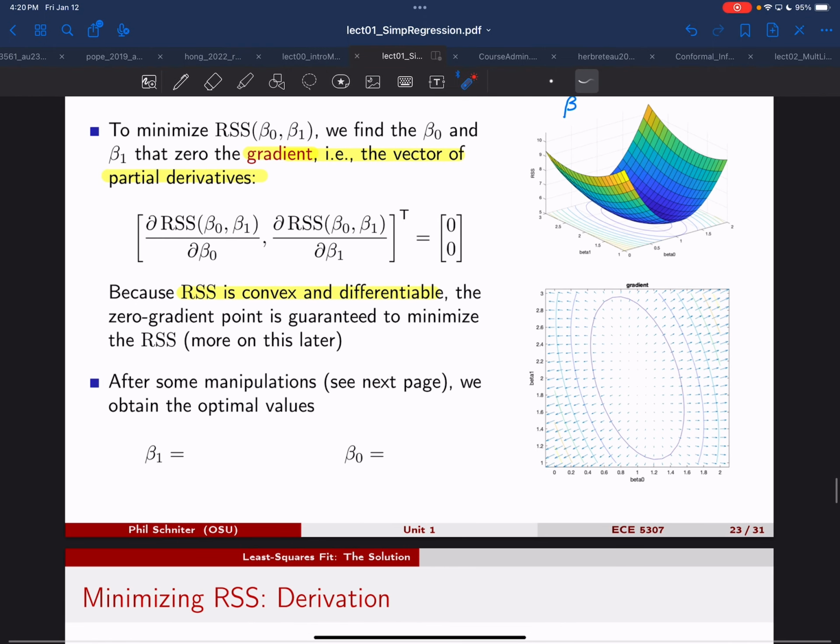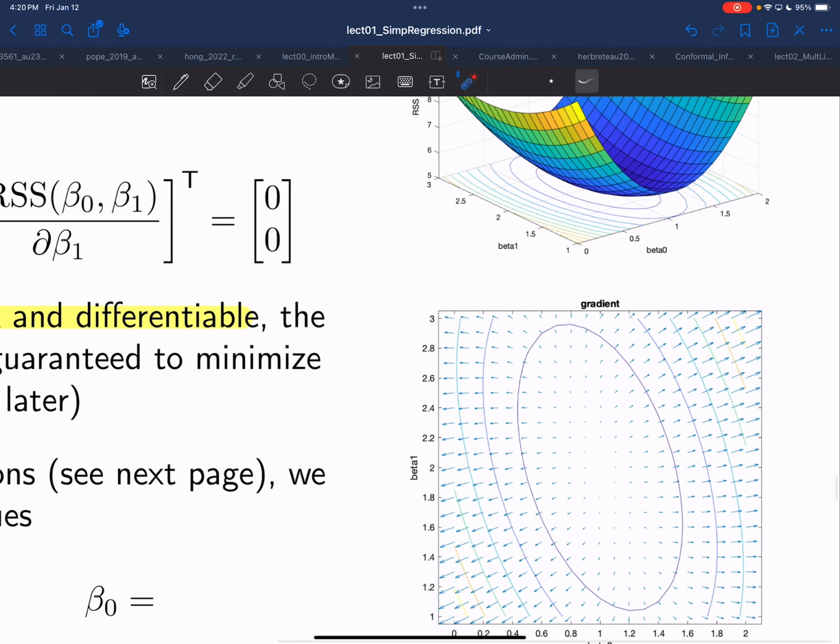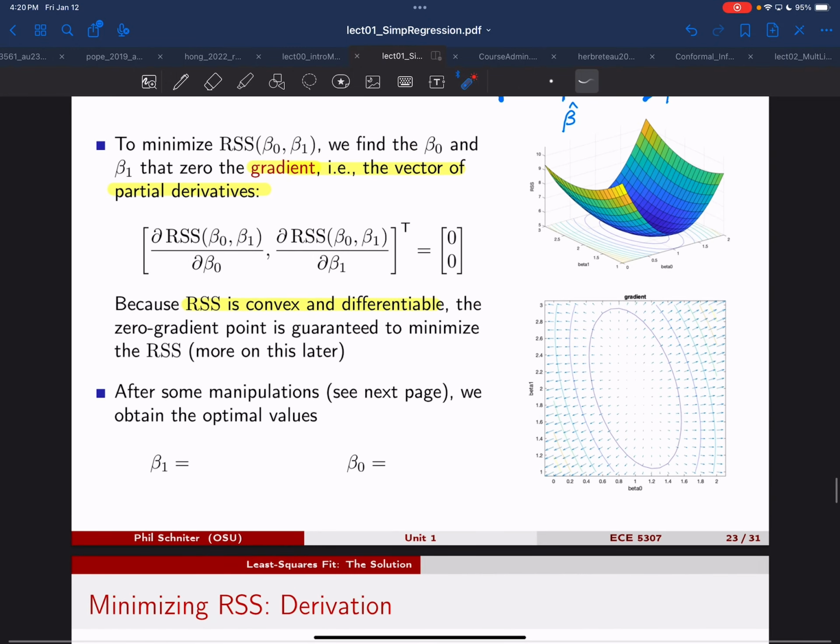But if you move perpendicular to the contour, RSS is actually changing at a maximum rate. So another interpretation of the gradient is it tells you the direction and the slope of the fastest way uphill at that point. So when you're sitting right here and you want to go uphill, you go that way. Okay, so that's some interpretations of the gradient.